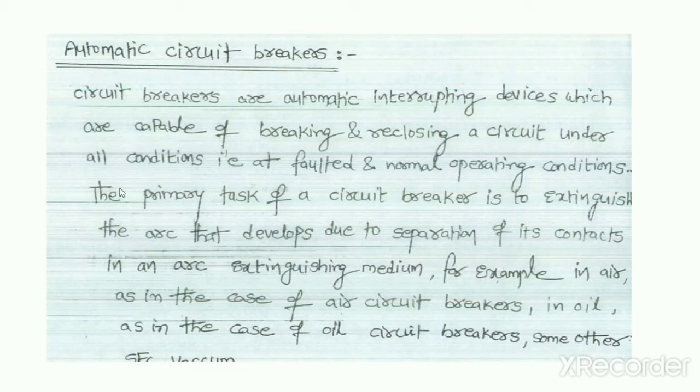Therefore, the primary task of the circuit breakers is extinguishing the arc that develops due to the separation of its contacts. The circuit breaker will be operated when the contacts of the circuit breaker are separated. When the contacts are separated, if a fault is obtained, then automatically that circuit breaker will be separated from the system.